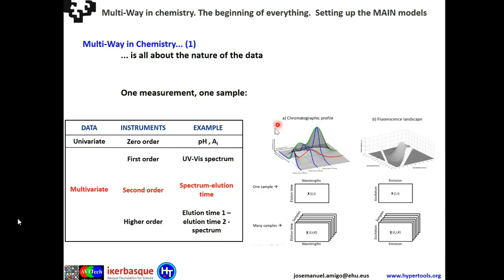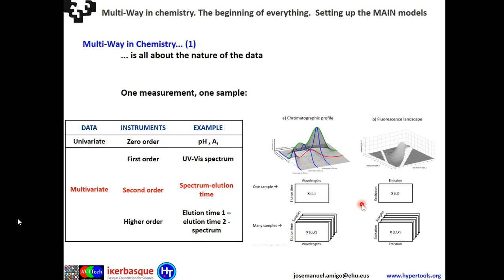For instance, like in this example that you have here, in which we have the elution time here and the wavelengths for the detector. So in each elution time, we have one vector that is again our matrix. And if we collect more samples than one, we have our structure here.